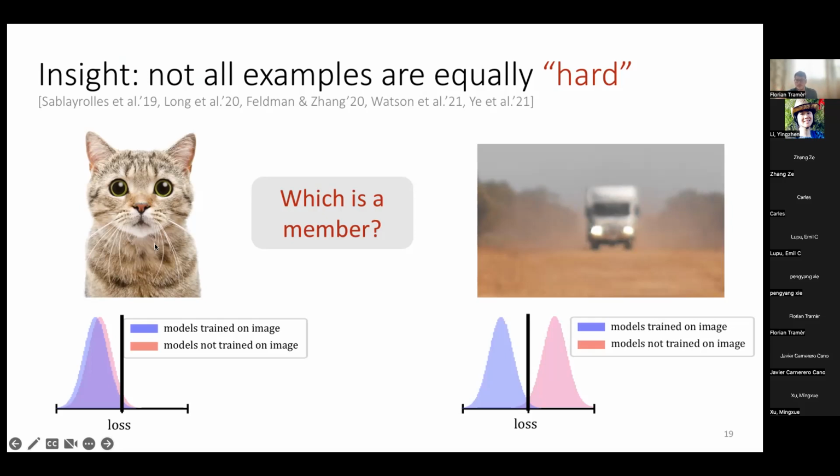And then there are other examples like this truck that are really outliers, where you can find a threshold that nicely separates models that were trained on this input from models that were not. And so here it's going to be possible to do membership inference very well.